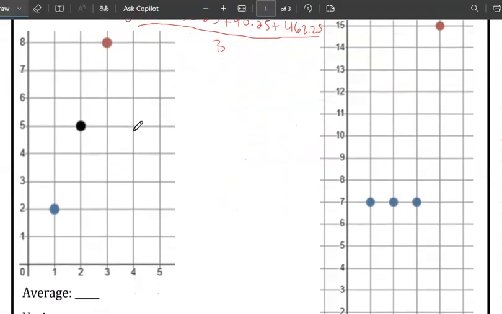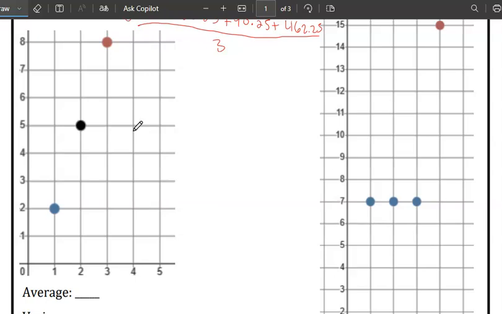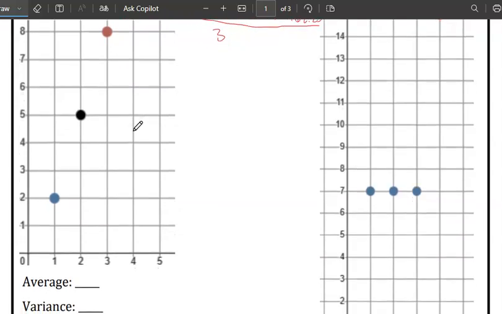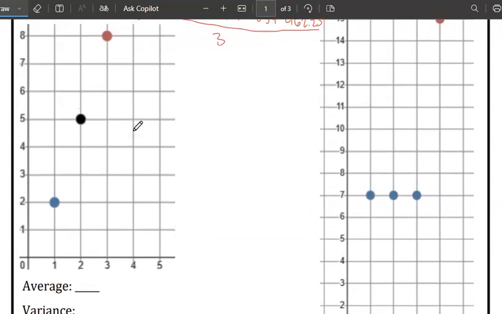Let's look at the next example. Instead of being given a sequence of numbers, we are given a scatter plot. Let's go ahead and convert these into values. We'll say that the sequence is 2, 5, and then 8.